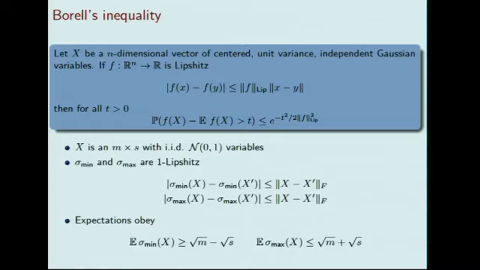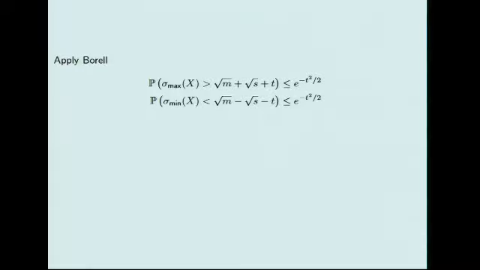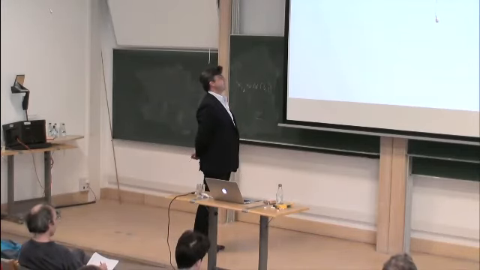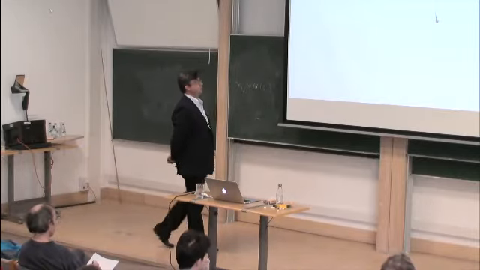Okay, so now we can bound the mean. We have a concentration around the mean, and so we just put the two together, and we just apply Borell, and we say with the normalization, the probability that sigma max is bigger than its expected value, but its expected value is smaller than square root of m plus square root of s, I can replace the expected value by square root of m plus square root of s, plus t, is less than exponential minus t squared over 2.